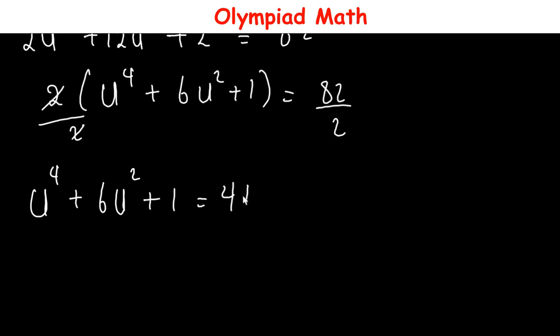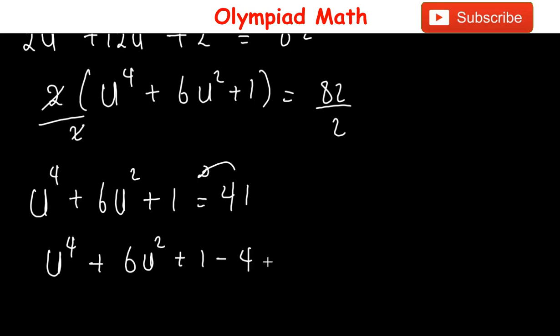Next, we move 41 over to this side so that we have u raised to the power of 4 plus 6u squared plus 1 minus 41 equals 0.